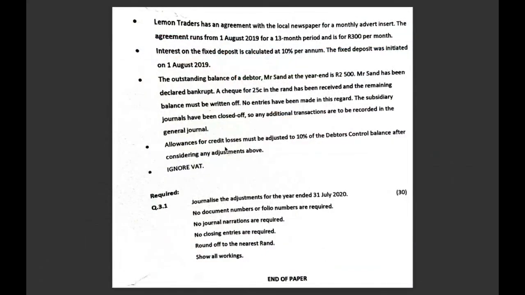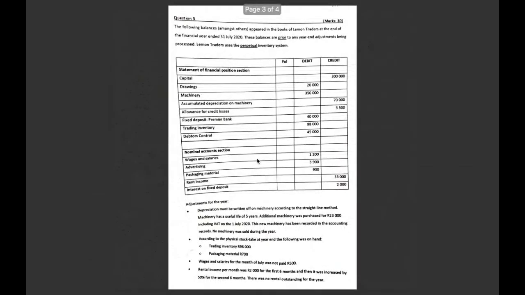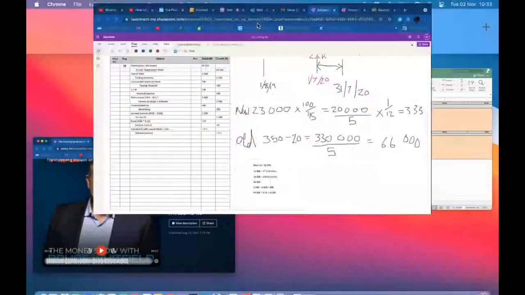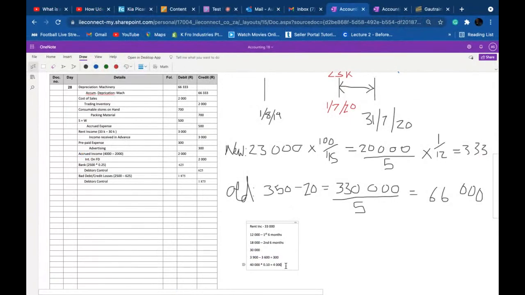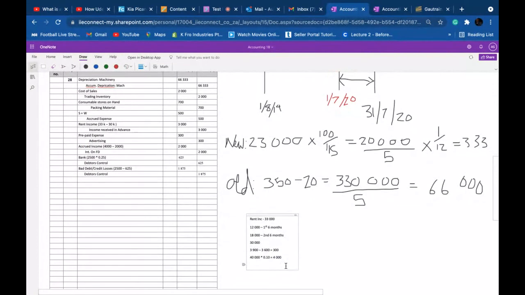Then allowance for credit losses must be adjusted to 10% of the debtors control balance after considering any adjustments above. Let's see what is the balance on our debtors control. Debtors control 45,000. So what are they saying over there? We have 45,000, that's the total on our debtors control. But then we know that we had 2,500, some of which we wrote off and some of which we actually received, 625 in the bank.